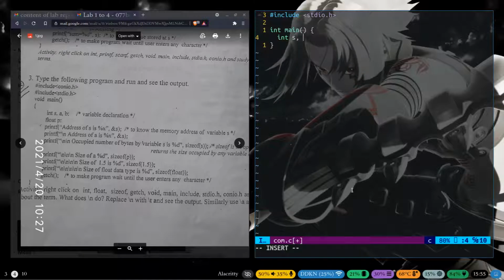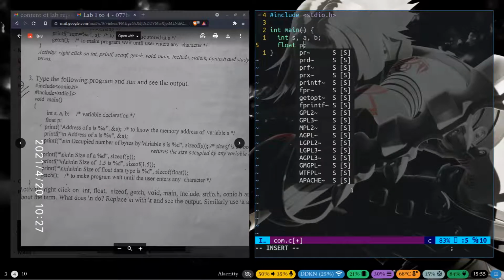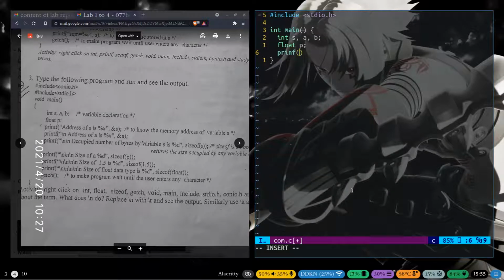Int s, a, b; float p; printf. Address of s is %x and s. Printf, I always just forget that. The thing is printf, what the heck.